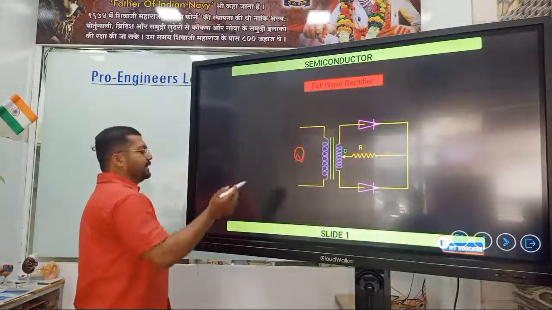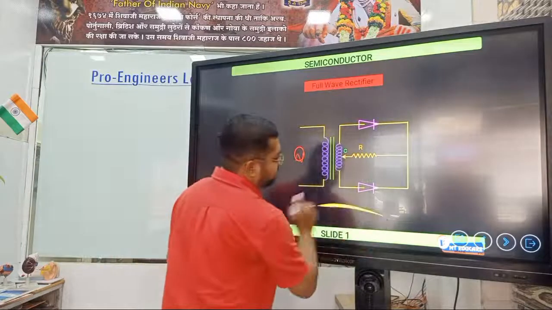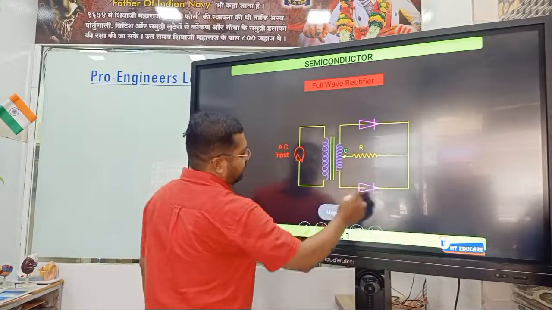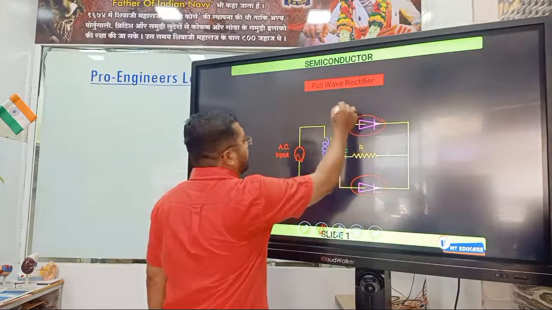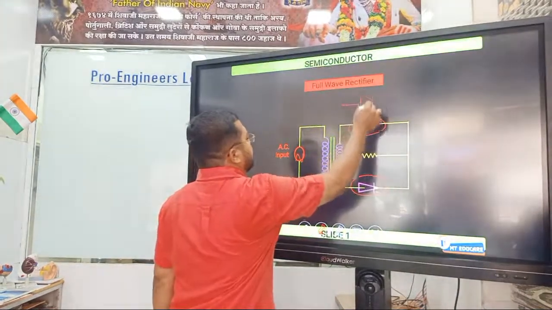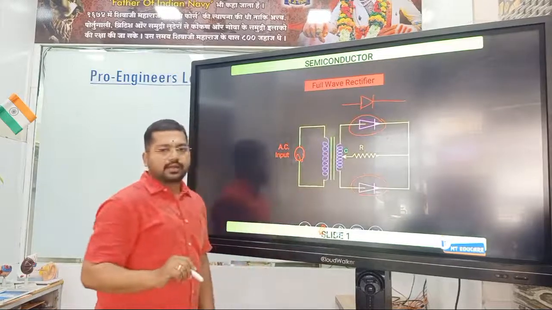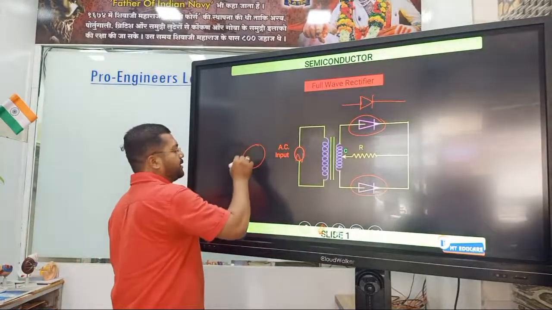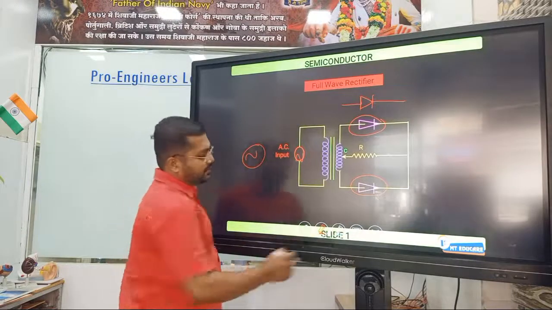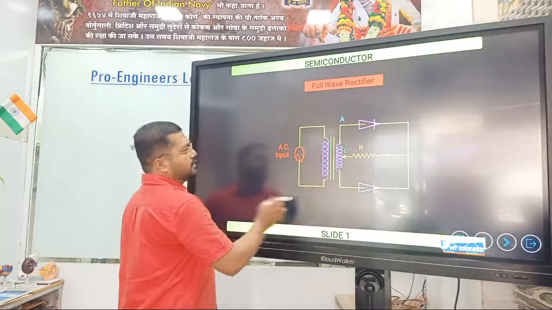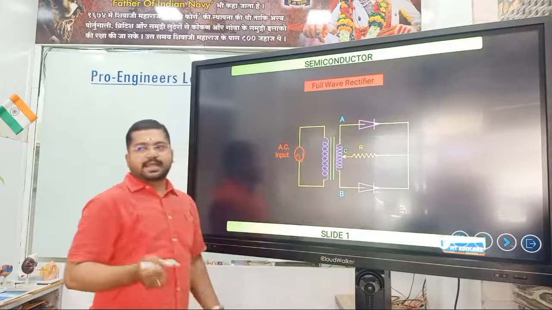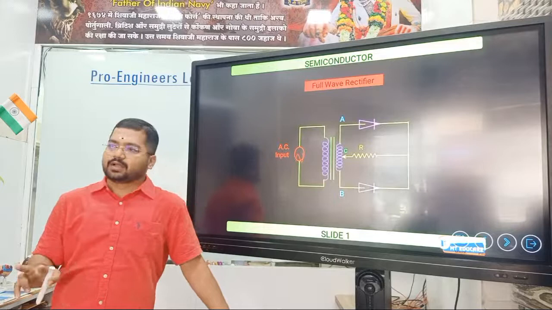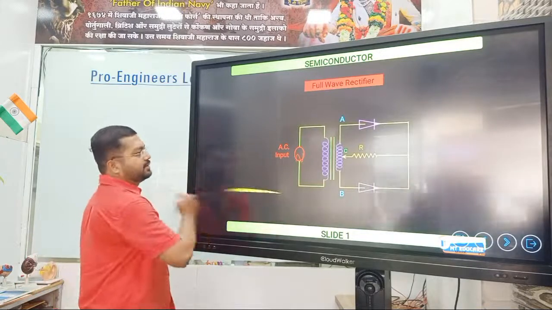Again, in the diagram the symbol of the diode is not perfectly drawn, it must be like this, okay? Shubham, pay attention. And the AC input must be like this. So now there are three terminals A, B and C. Initially in the half wave rectifier we had only two terminals, now here we have three terminals.